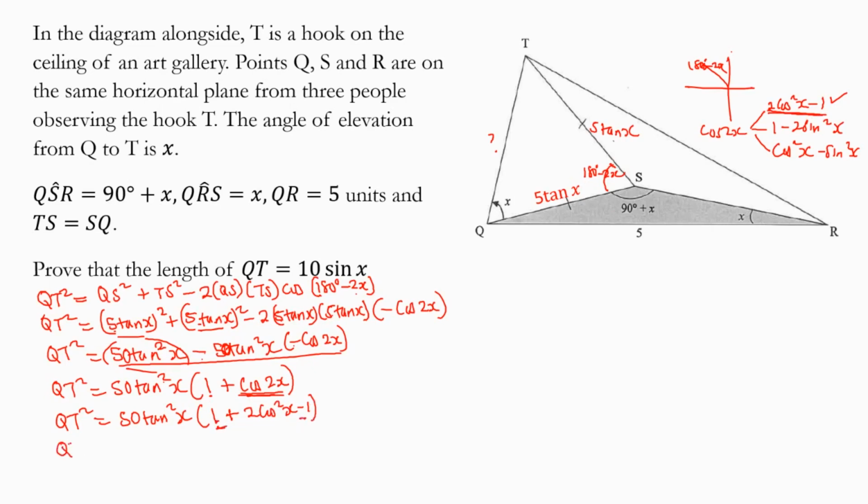So QT squared is equal to 50 tan squared x times 2 cos squared x. You see that? Now you see it's shaping up. It's coming up nicely. And then what is tan squared x? It is sine squared x over cos squared x.